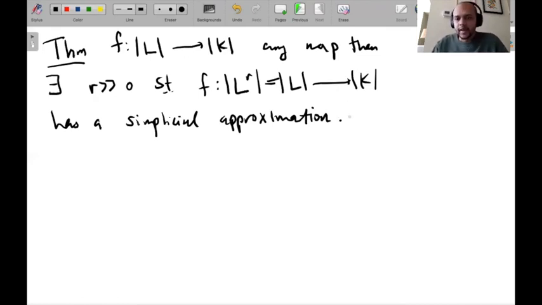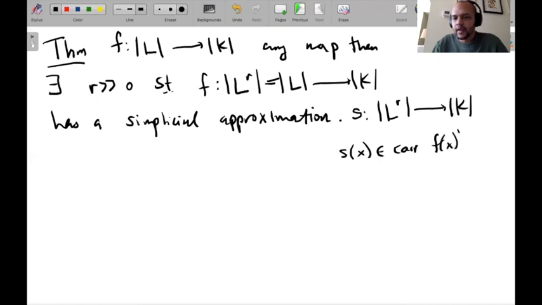So remember, that's like a simplicial map S with the property that S of x is in the carrier of f of x for every x.